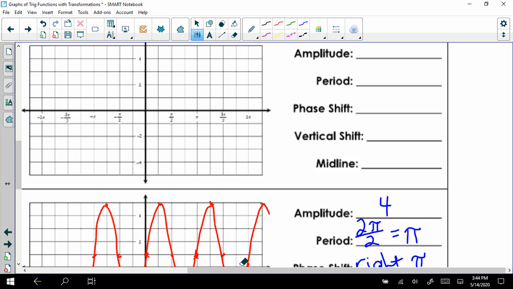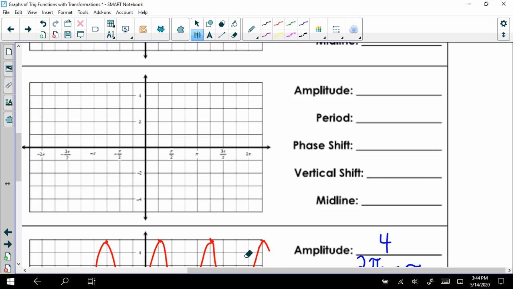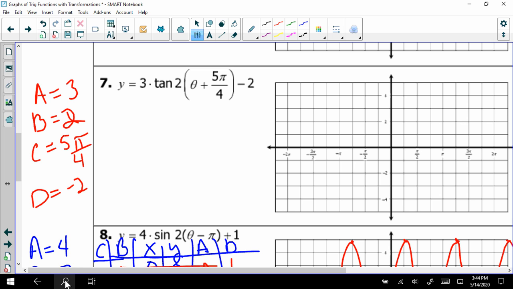For tangent, the normal period is pi, so that gets divided by 2. So I'm not going to do 2 pi divided by 2, I'm going to do pi divided by 2. Same concept, but the parent function for tangent, the period is pi. The parent function for sine and cosine is 2 pi, so I do 2 pi divided by B.